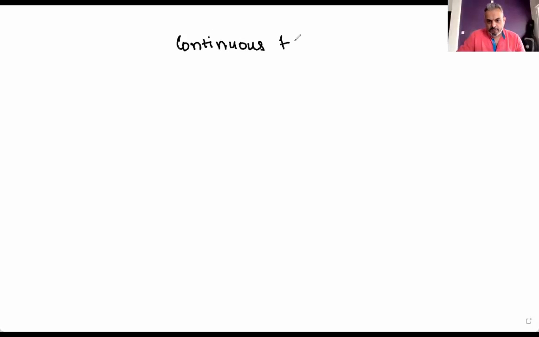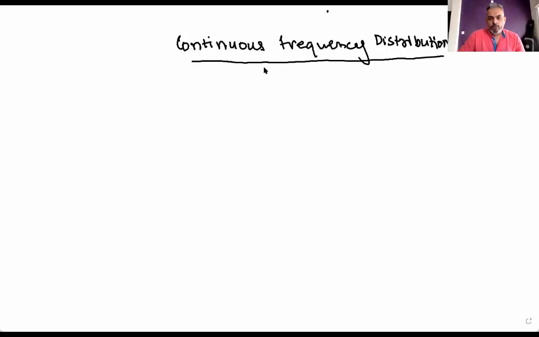In continuous frequency distribution, there are two types of continuous frequency distribution that we are dealing with.